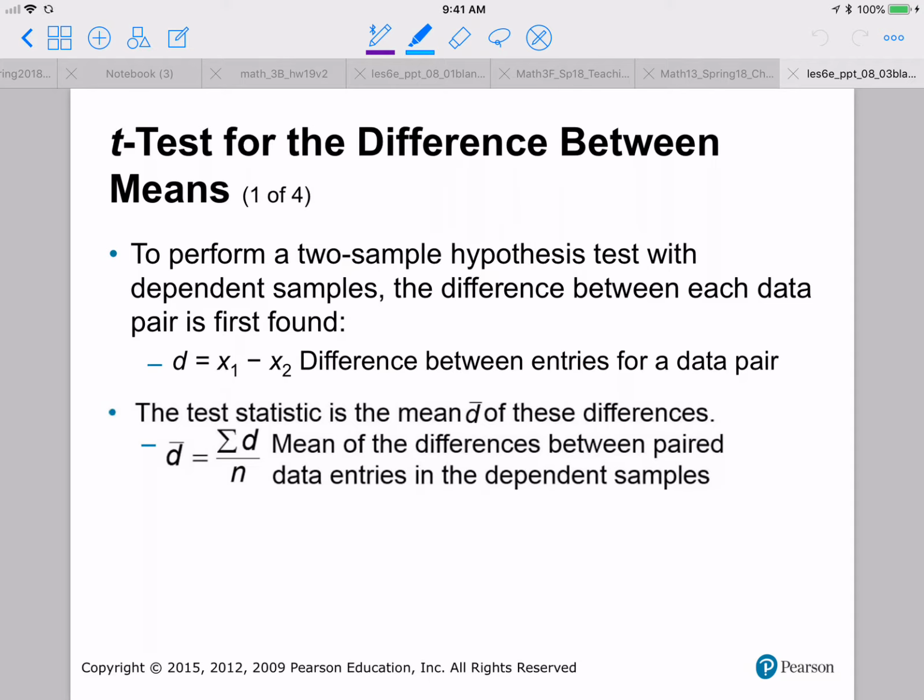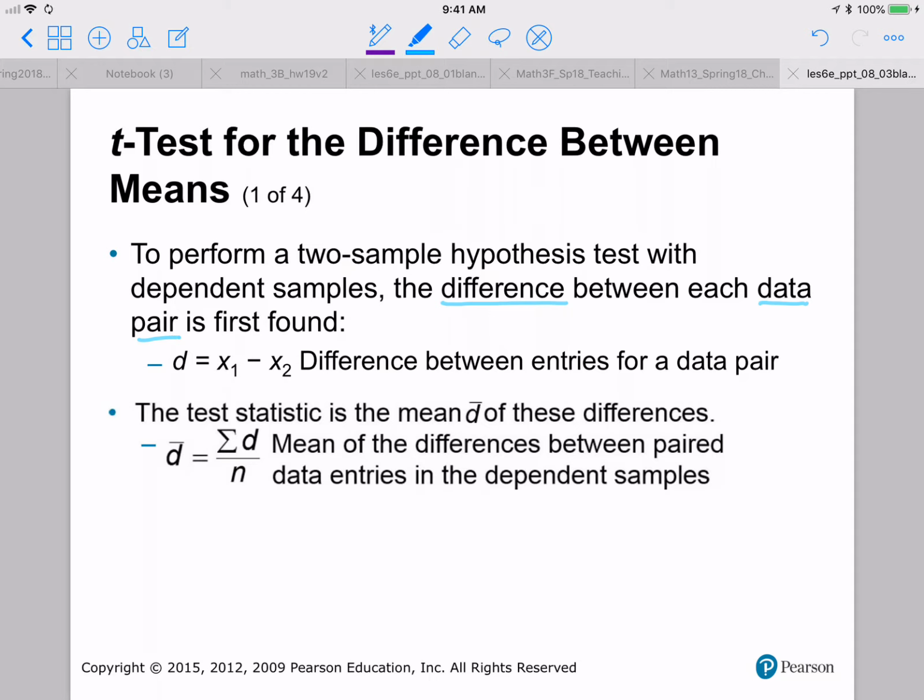So the big idea is that instead of looking at it like we've got 2 samples, we're really going to be investigating one variable, and the variable is the difference between each data pair.